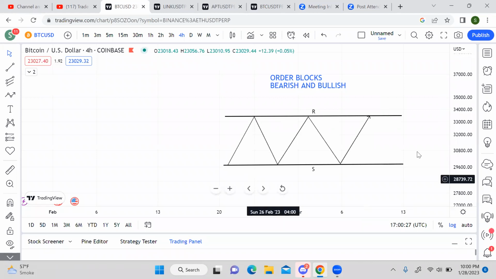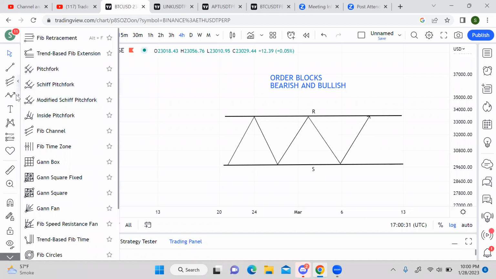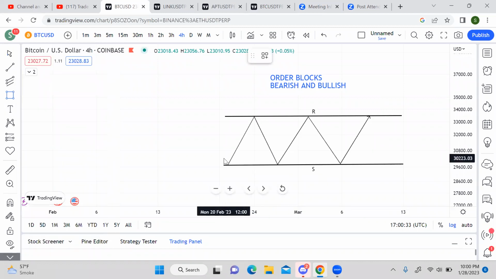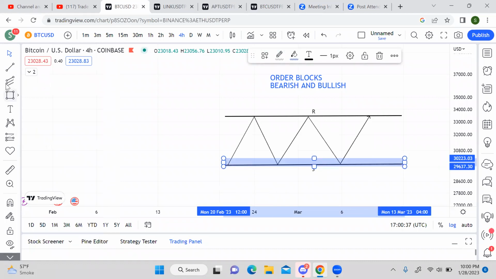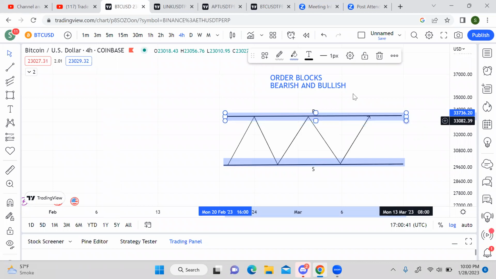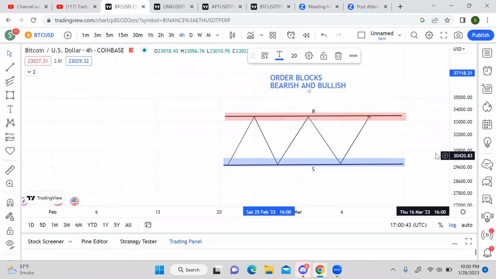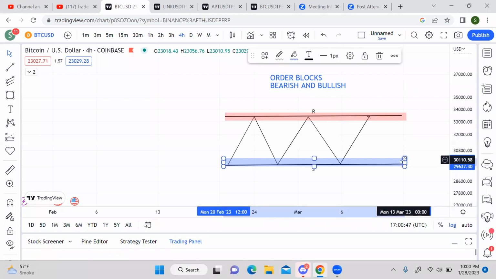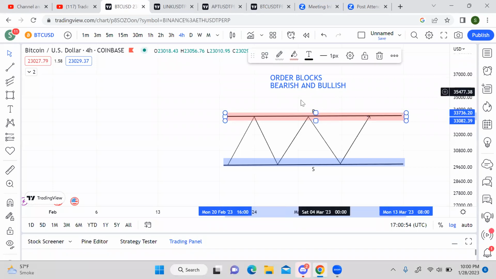So on support, you will find order blocks here, and on resistance you will find order blocks. But the difference will be, on support the order blocks will be bullish, which I marked blue, and on resistance these order blocks are called bearish, which I marked red.